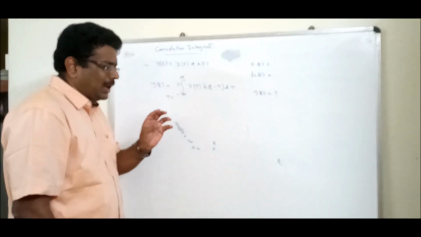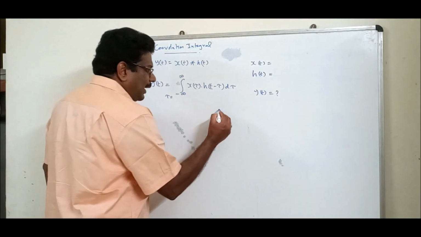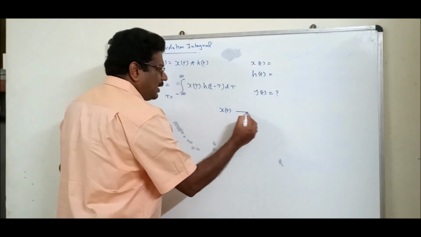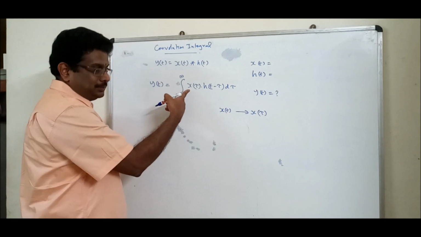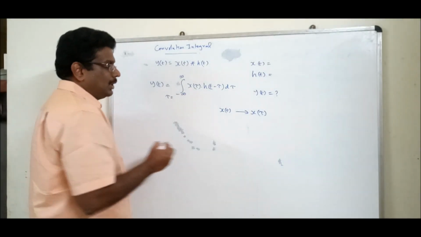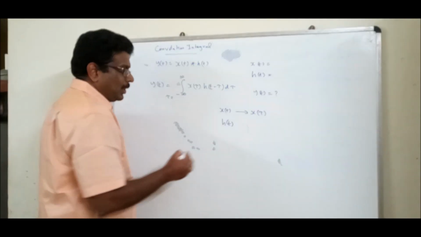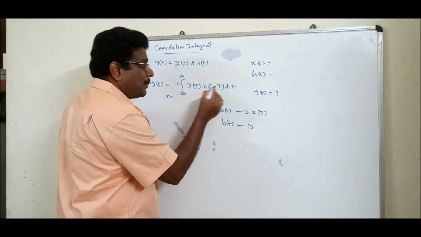Now let us see in detailed discussion. I will give you x of t. First step, you should convert it to x of tau. I will give you h of t. This is the second step. You should convert it to h of t minus tau.